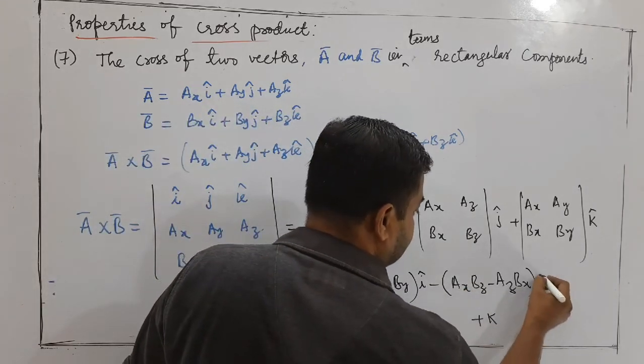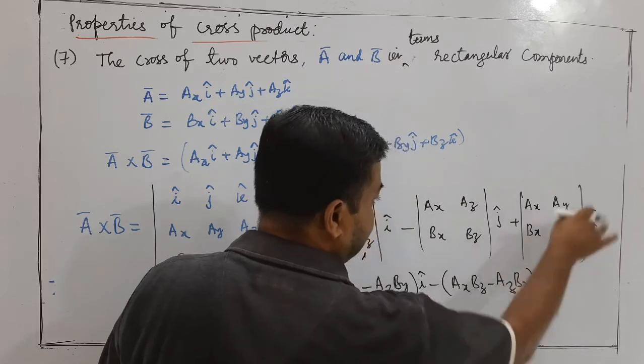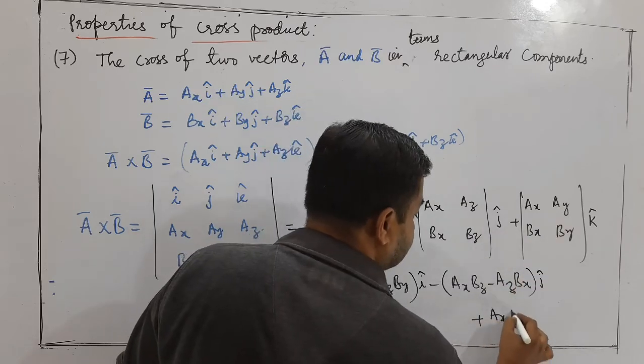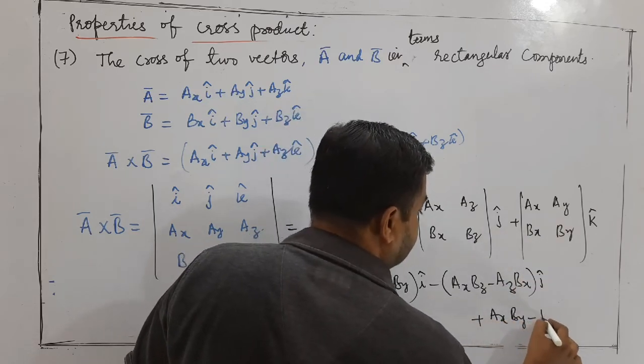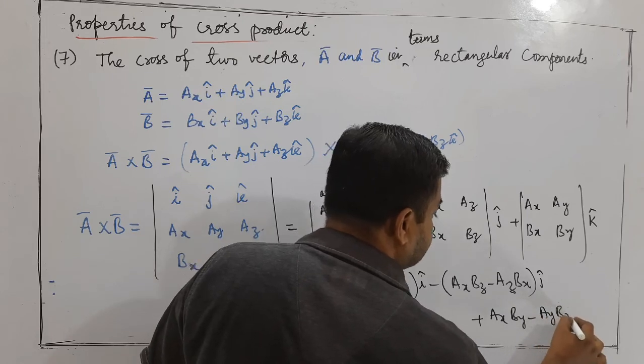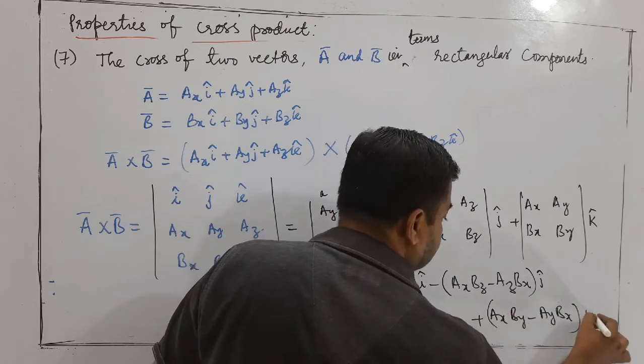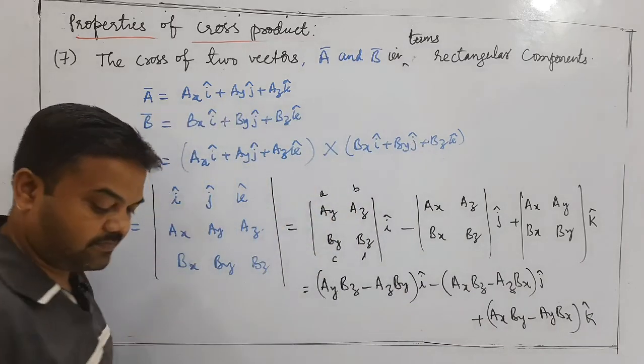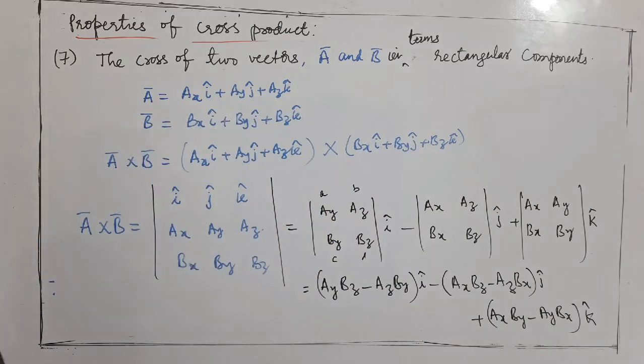Next k, what is the k? AX BY minus AY BX into k cap, like this. It is easy for us to solve the values. Okay, like this we have to find out the determinants here.